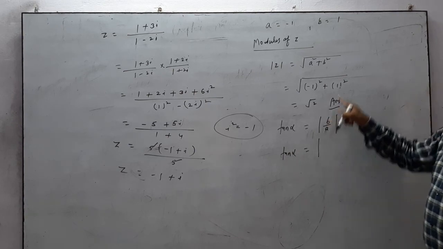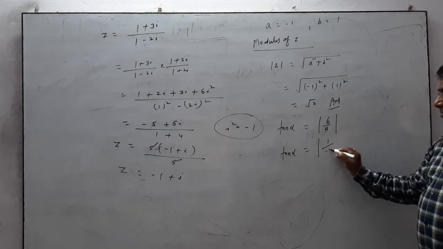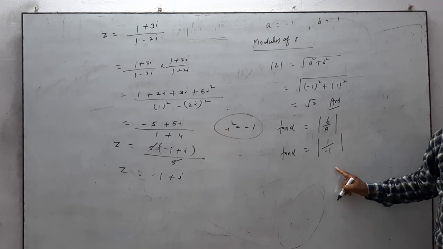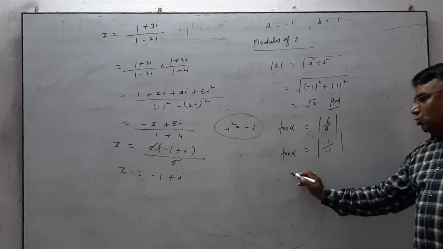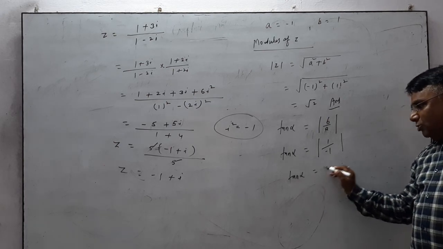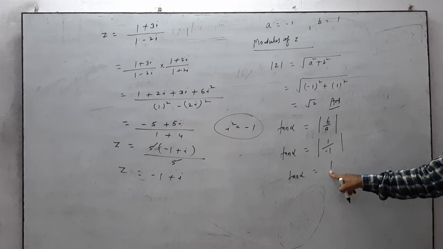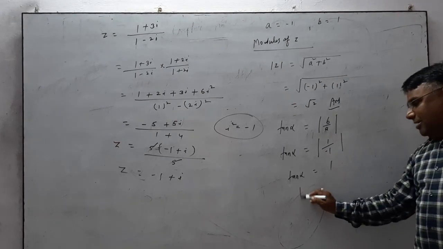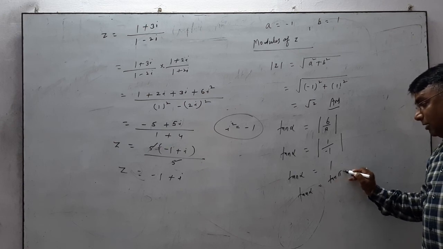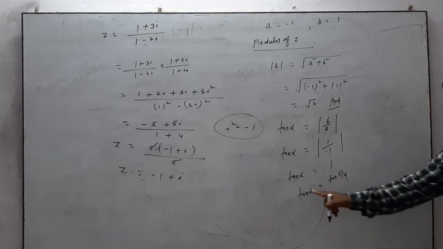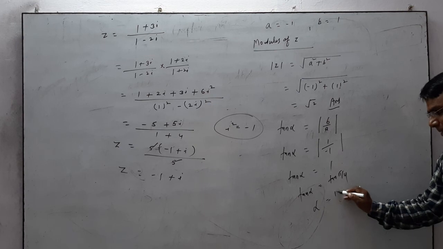What is the value of b? b is 1, a is minus 1. 1 upon 1 is 1, but there is a minus. And what does a negative value become in mod? Positive. So tan alpha equals 1. Now look in the tan table: the value 1 belongs to tan 45, which in radians we call tan pi by 4. Tan and tan cancel. What is alpha? pi by 4.